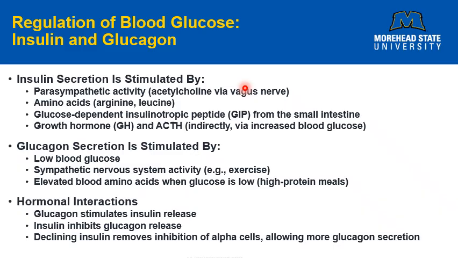Same with glucagon. Low blood glucose, obviously, but sympathetic nervous system activity like exercise can lead to its secretion, which makes sense because we need sugars. Elevated blood amino acids when glucose is too low, okay, which makes sense because we need some sugar. So basically any process that these two would need to be there to prepare for any changes in homeostasis, changes in the balance, can lead to a stimulation either directly or indirectly.